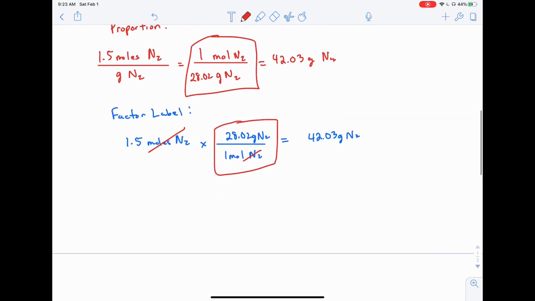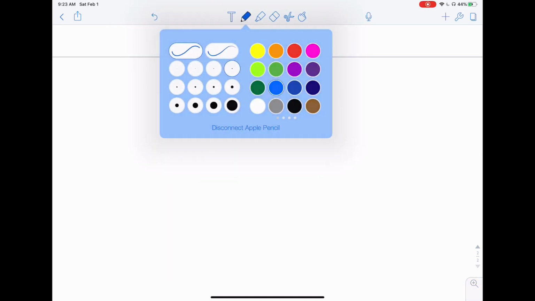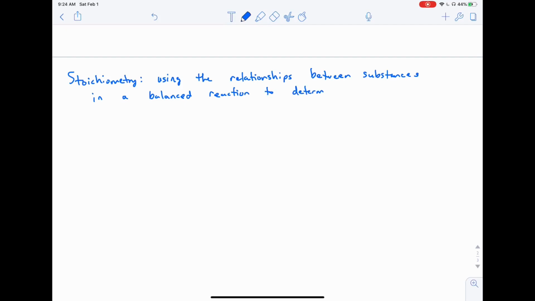So once you do that, though, you have to introduce the concept of stoichiometry. And stoichiometry is using the relationships between substances in a balanced reaction to determine quantities.